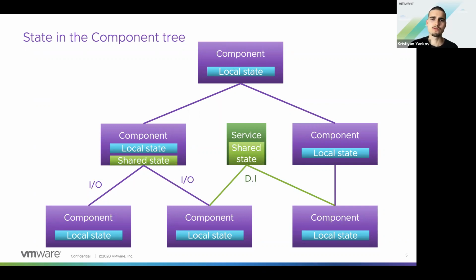To solve this issue, we have injectable classes called services that come out of the box with Angular. These class instances live outside of the view tree and can be injected into any component. Therefore, they're perfect for sharing state, right?